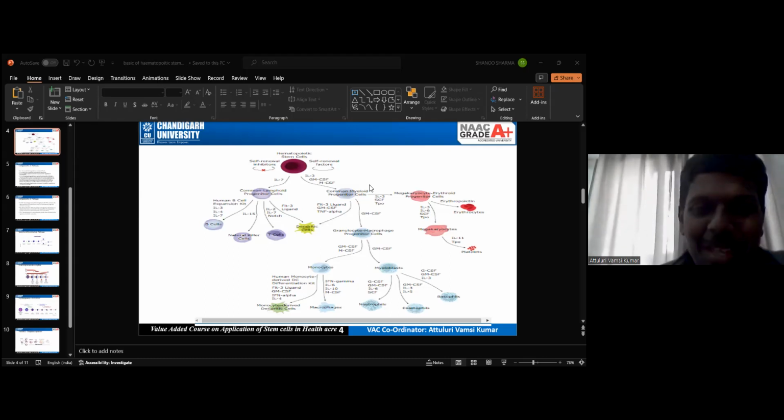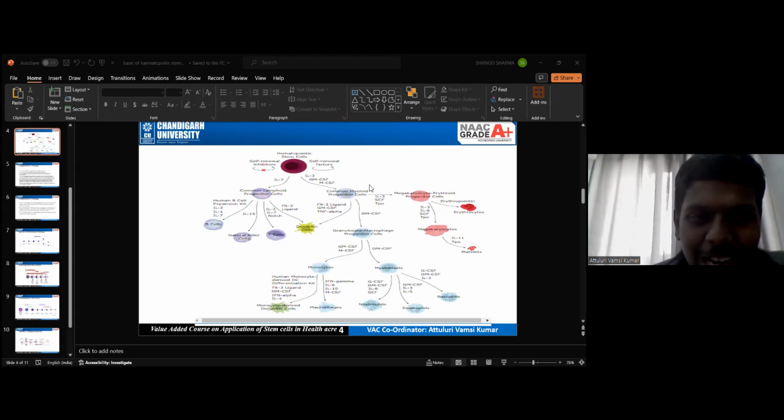Very good. Yes, students, and I want to tell one more interesting thing about these stem cells. See, what is the purpose of stem cells? Stem cells differentiate into various types of cells. In this diagram, we can see a hematopoietic stem cell, and this hematopoietic stem cell is converting to any one of the cells. It can be a white blood cell, platelet, or a red blood cell.